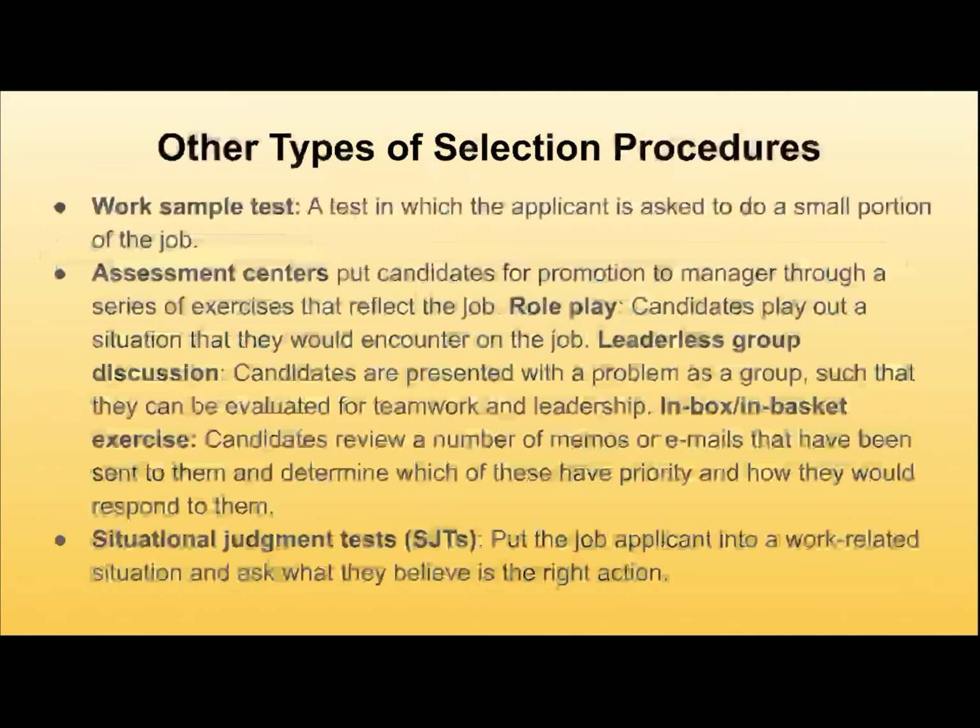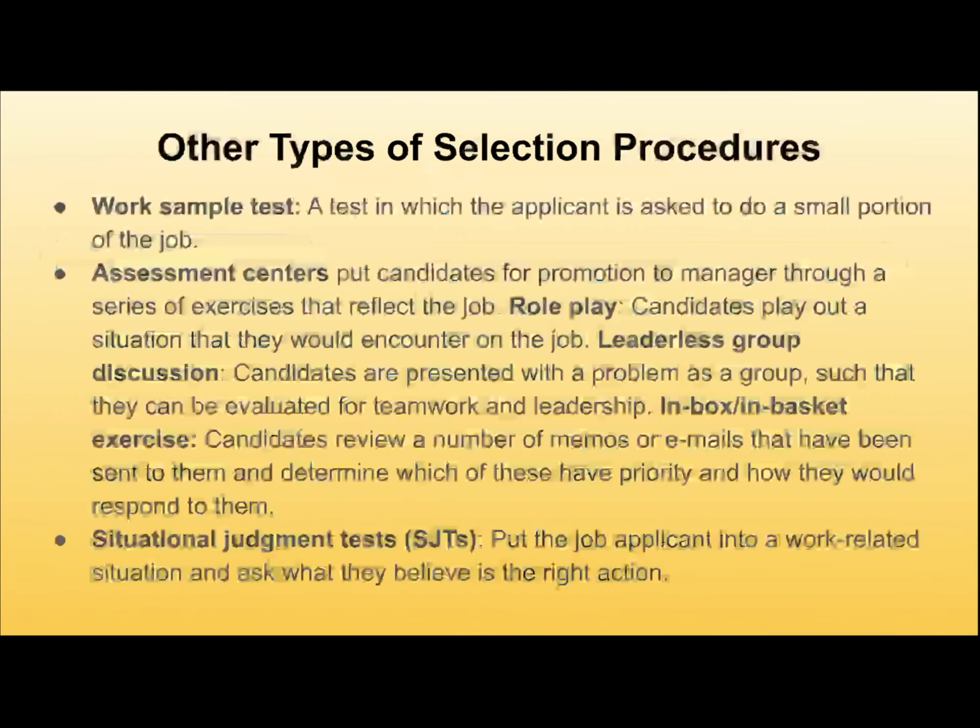And finally, there's something called an inbox, or in-basket exercise, where the management candidates are given memos or emails. They need to review them, put them in order of priority, and explain how they would respond to them. So all of these are situational simulations, right? They're showing how they would act if they were promoted to be management.